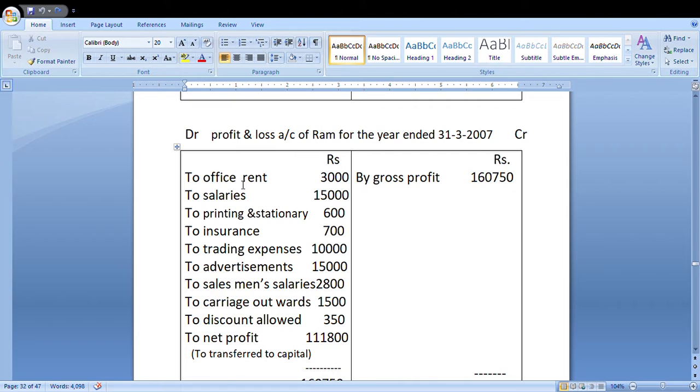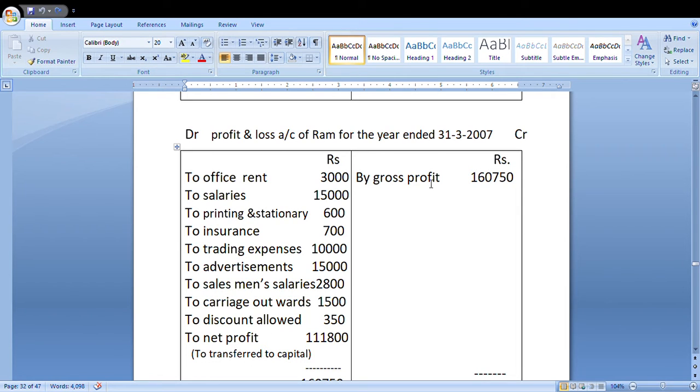Any expenditure you identify enters here, except items that you already entered in the trading account. Remaining all expenses enter the profit and loss account debit side.